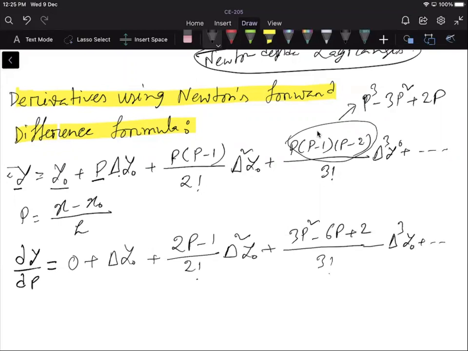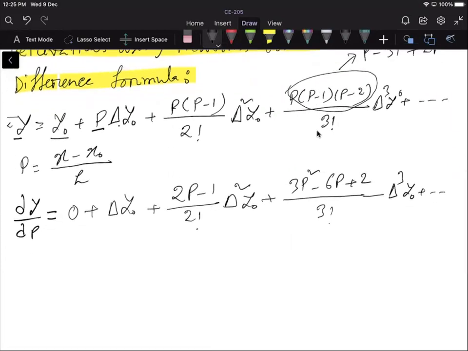The fourth term is handled the same way: break down the terms with respect to p in simplified form and then take the derivative. So this is your dy/dp.